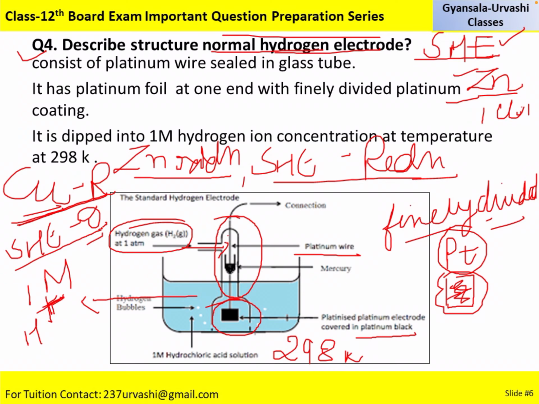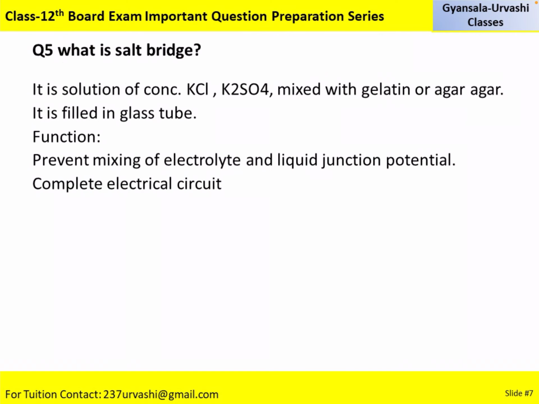Okay, come to question number 5. What is a salt bridge? A salt bridge is generally helpful when you are doing a galvanic cell reaction. How? First of all, it is a glass tube, and the glass tube is filled with a solution of KCl, K2SO4, which is mixed with gelatin and agar agar.